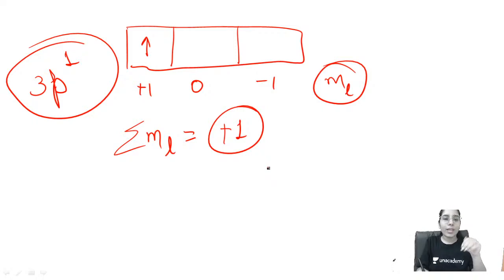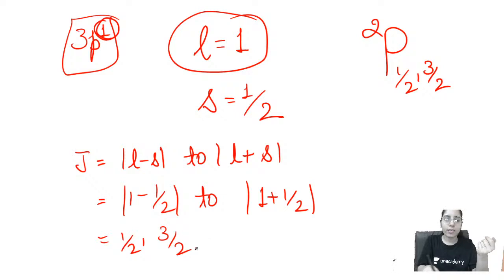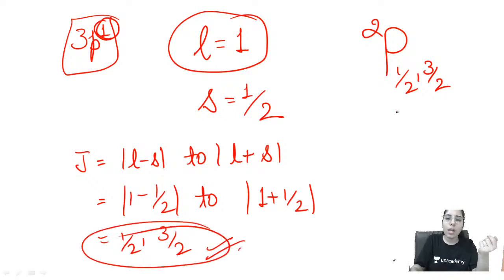Next, for plus 1, the capital L value will be P. The spin will be half. So it's 2S plus 1 L J. J will be L minus S to L plus S, which means again 1 minus half to 1 plus half, the same expression as we got here, and this is the term you get. Is this clear to everyone now?